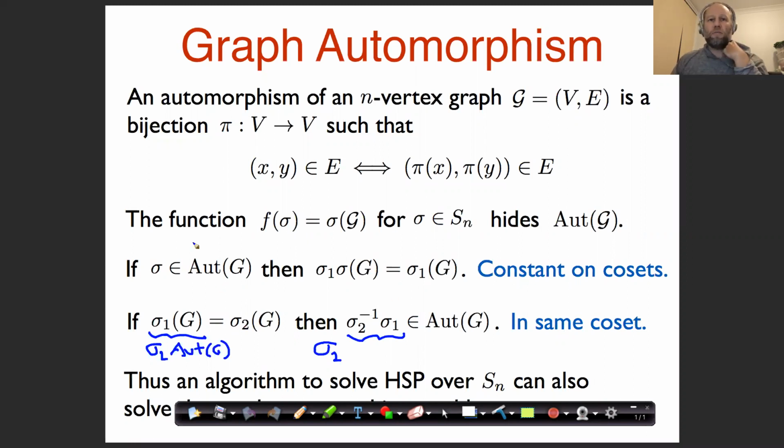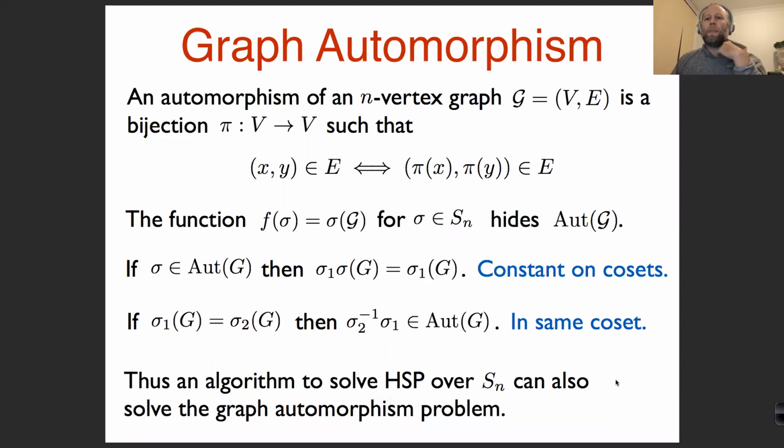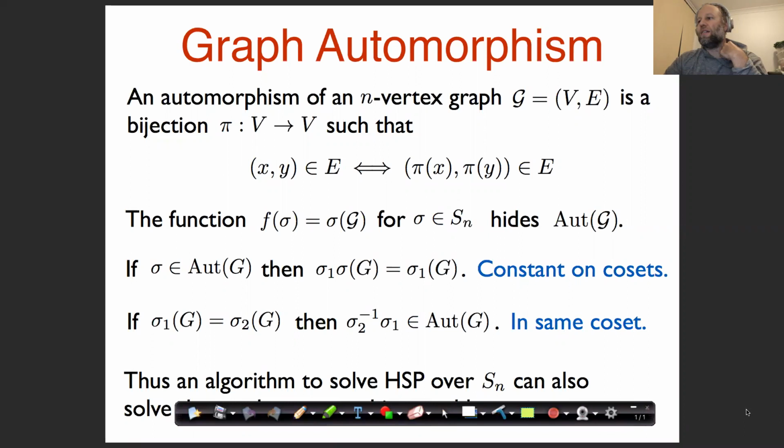That shows what we want to show, that this is indeed an instance of the hidden subgroup problem. So if you were able to solve the hidden subgroup problem over the symmetric group, then you could solve the graph automorphism problem. But we started talking not about the graph automorphism problem, but the graph isomorphism problem.